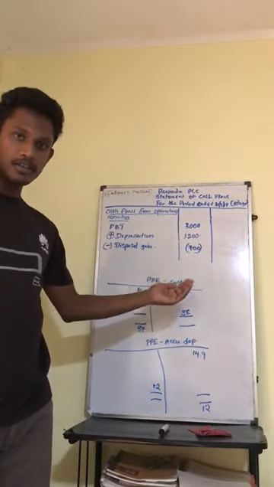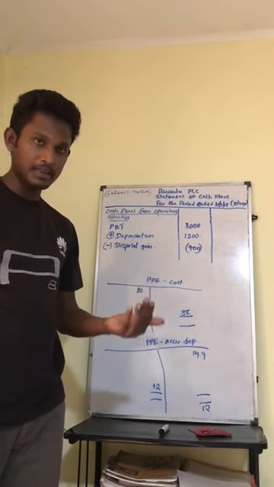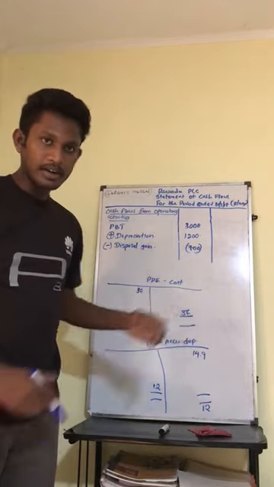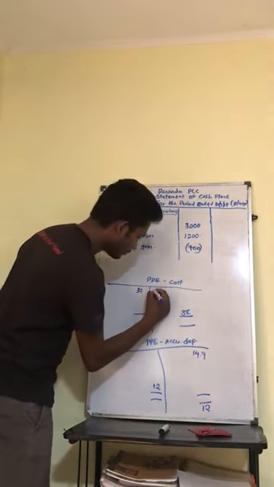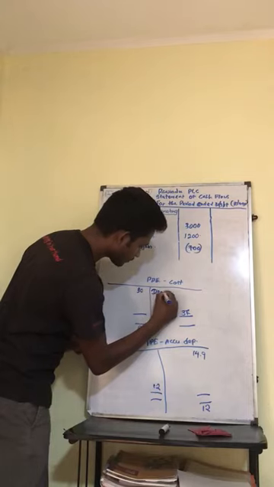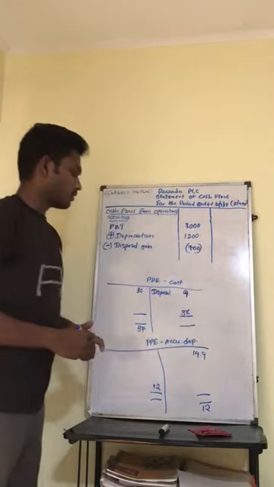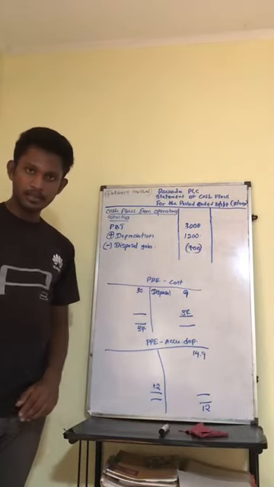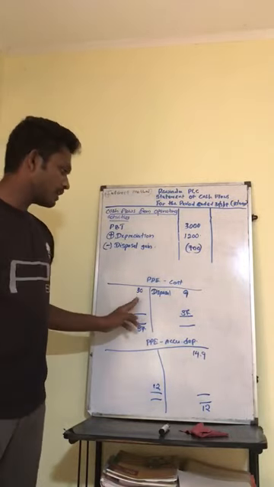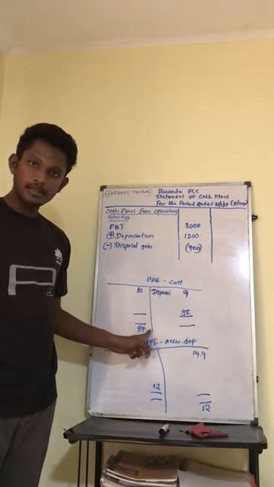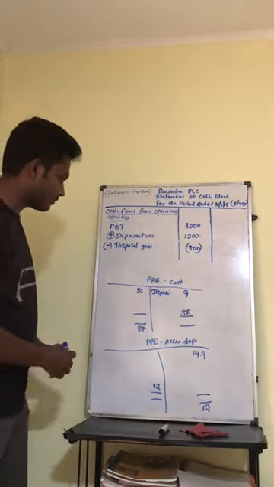The cost is given, that's 9 million, so I put 9 here, credited. That's all regarding PPE cost. So opening 30, disposed 9, and closing balance is 37. Let's balance the account.